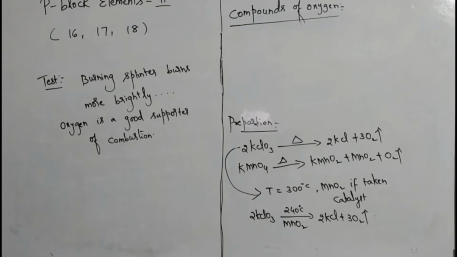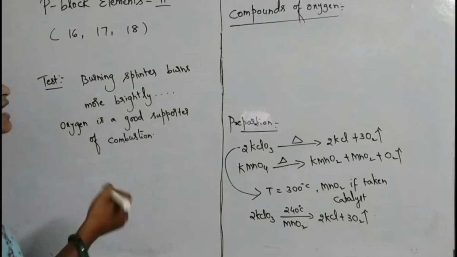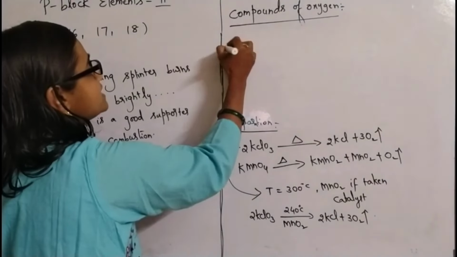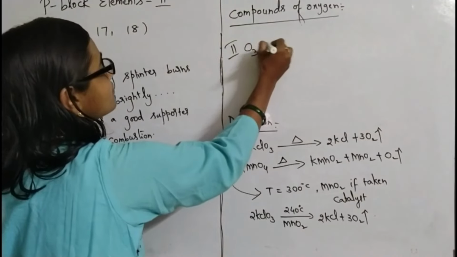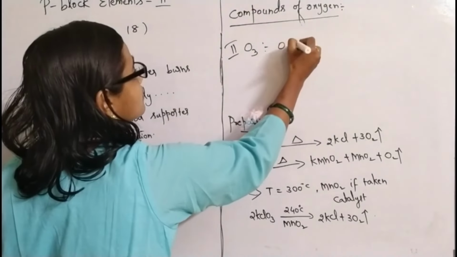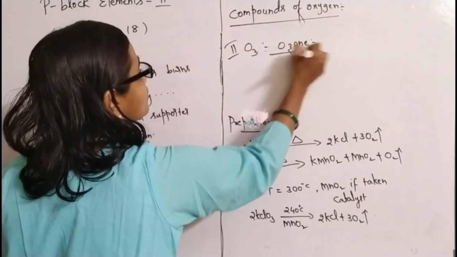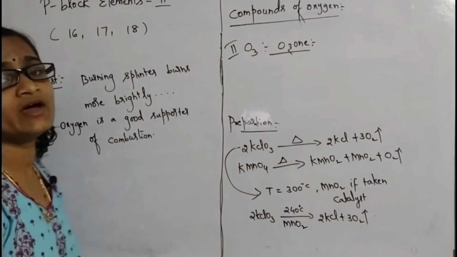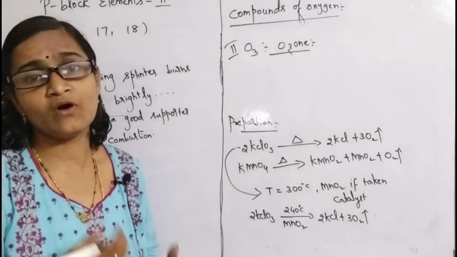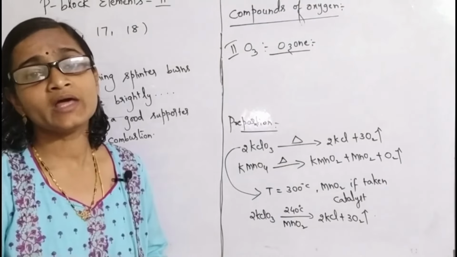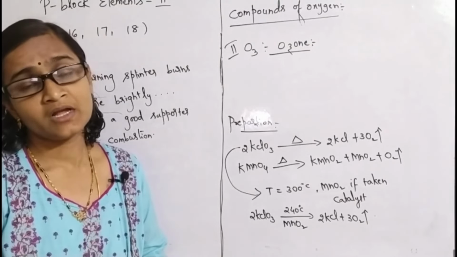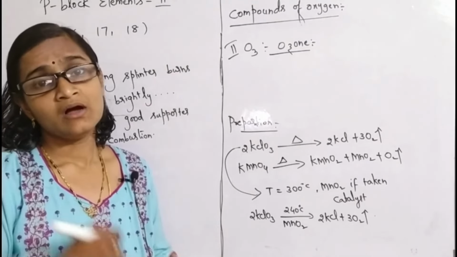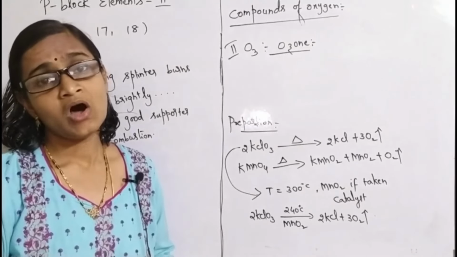Ozone is also a compound of oxygen, and you can say that it is an allotropic form of oxygen. Ozone, O3. So how is this ozone formed? You all have an idea that it is there in the atmosphere, protecting our earth from the hot sun, or the UV rays.